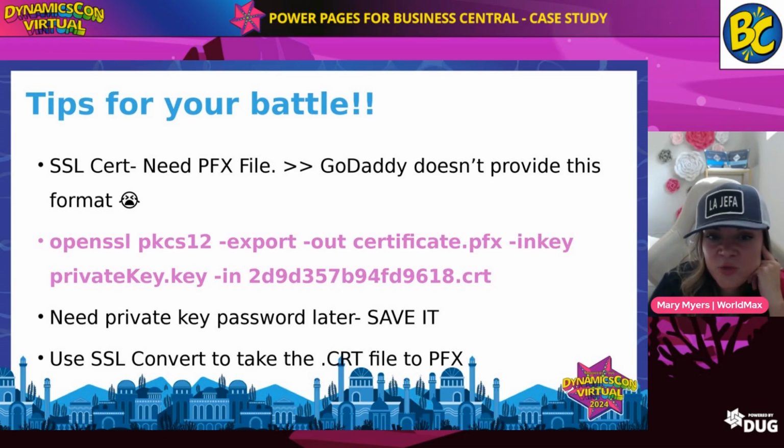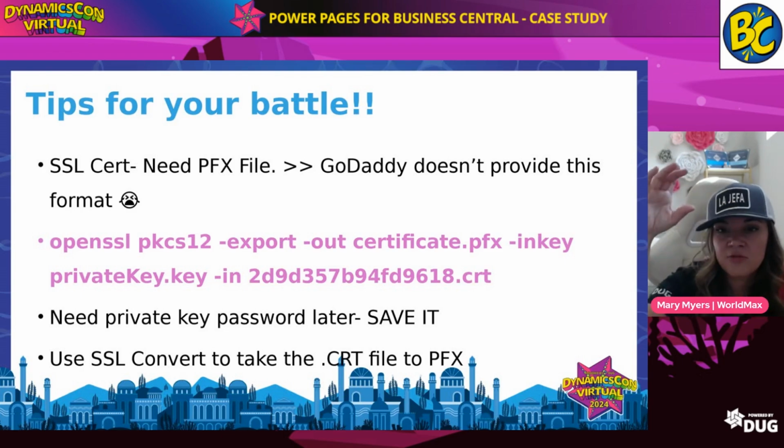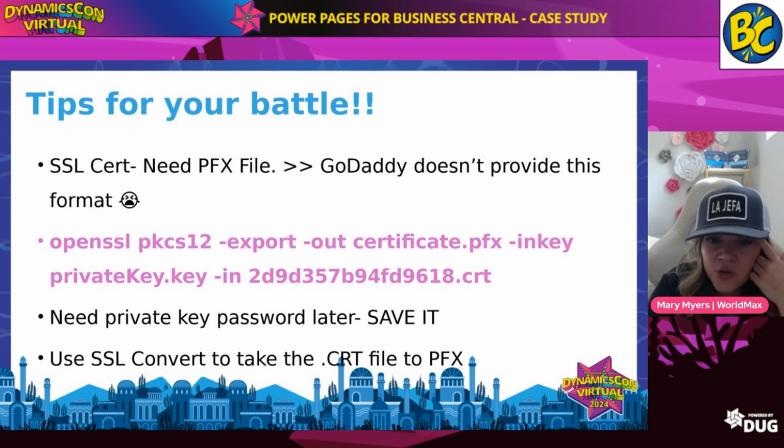Because really what you're having to do is take the PKS and transfer it. When you do this translation, it's going to give you a zip file with 3 different types, and you want to take the SSL converter of the .cert file and transfer that to the PFX.